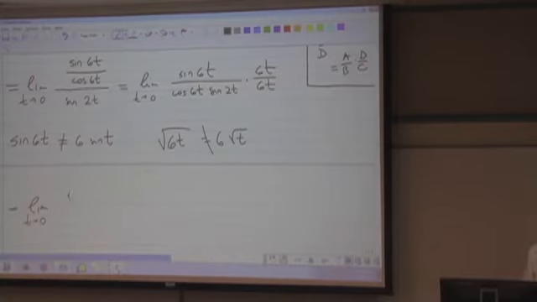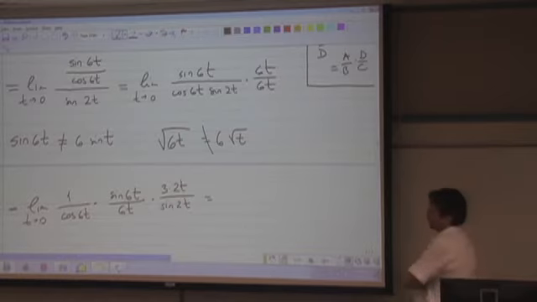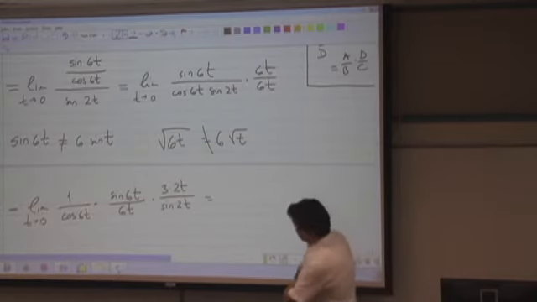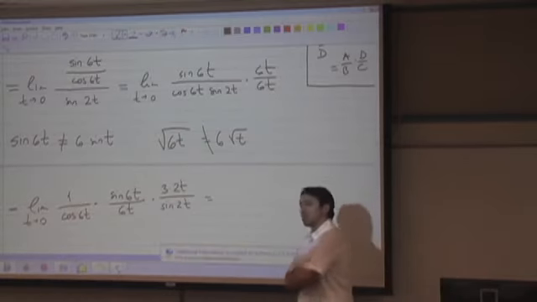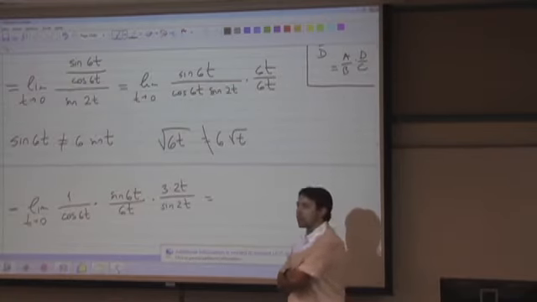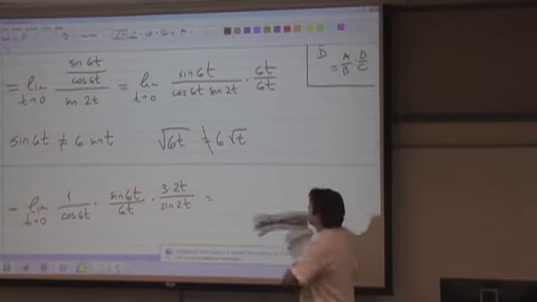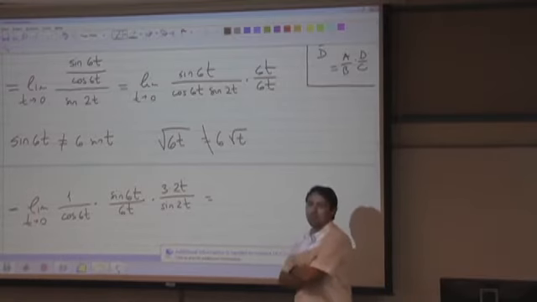I'm going to have 1 over cosine of 6t multiplied by sine of 6t over 6t multiplied by 3 times 2t divided by sine of 2t. Is this making sense? Maybe not necessarily why I'm doing this, but do you see the equality?